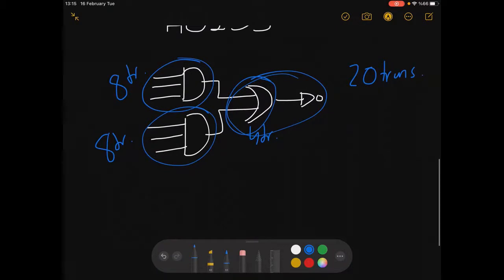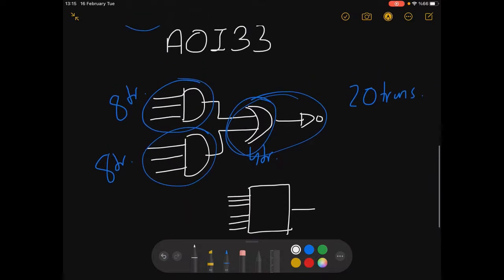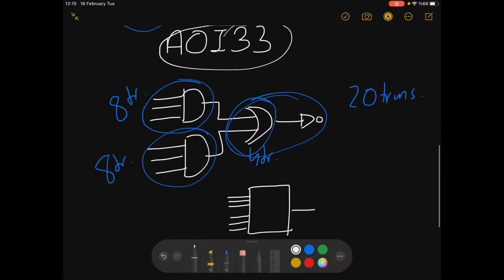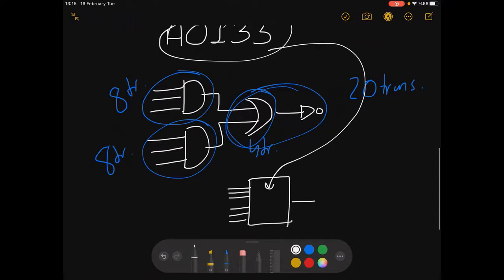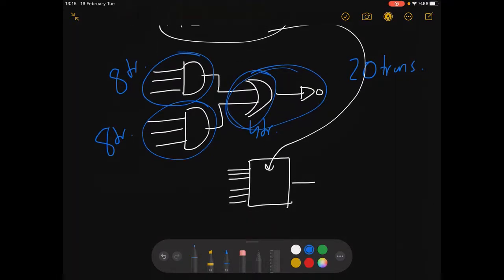But if you have it as a pack like this, a complex gate produced for working just like this, it will look like this: 6-pin input and 1-pin output. It is like in a pack. If you implement it like this, it will cost only 12 transistors.